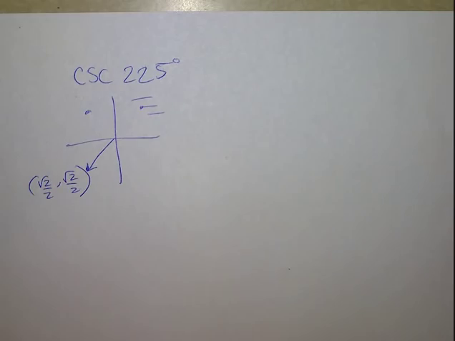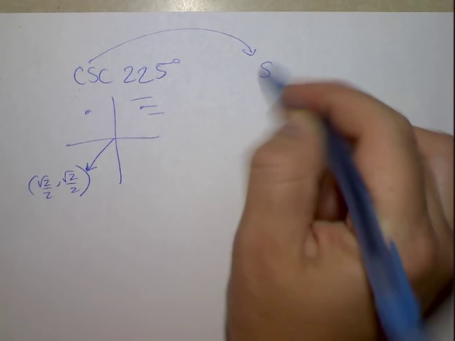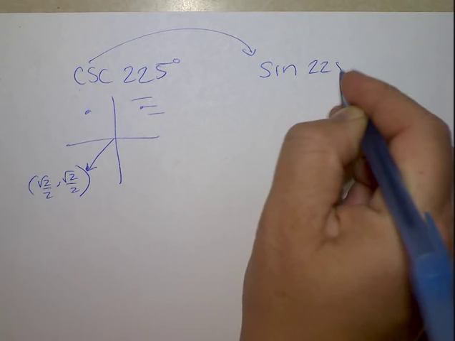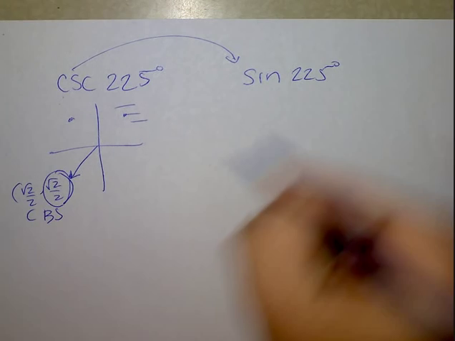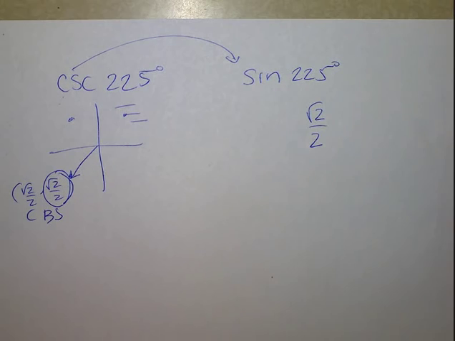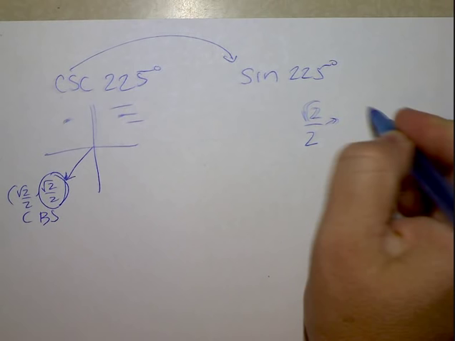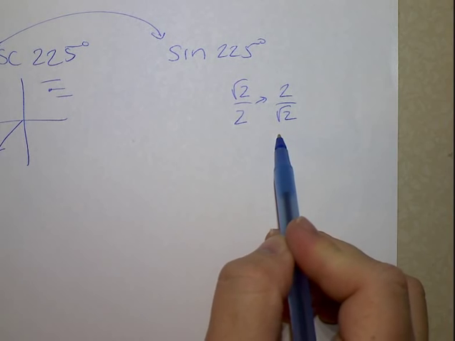Now, if it starts with the C, the reciprocal is an S. So I'm looking for the sine of 225. The sine of 225, CBS. So the answer is radical 2 over 2, but then I need to take the reciprocal of that. That means I need to flip this, so 2 over radical 2. Now, this is correct, but it's not in the proper form.